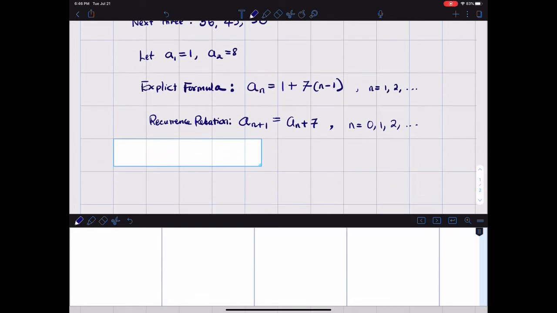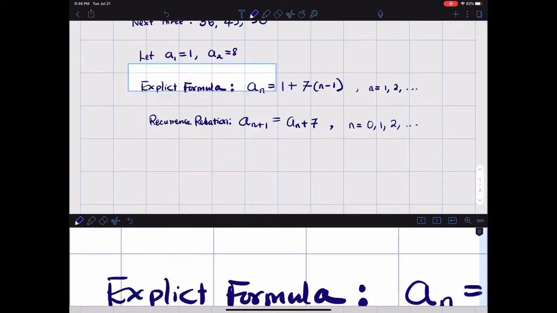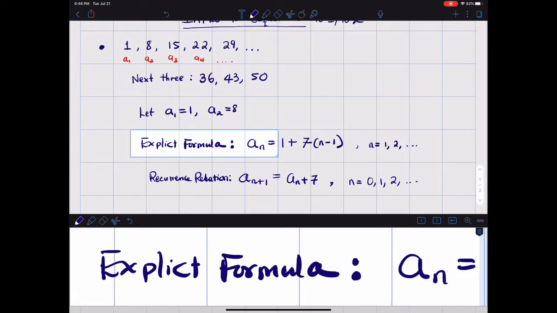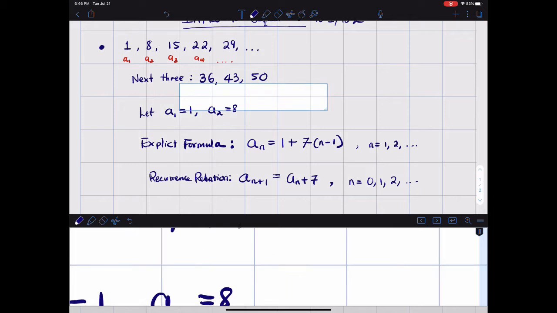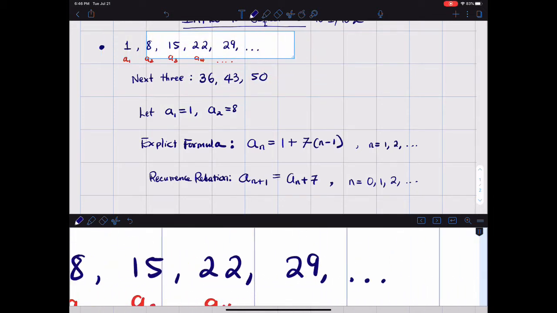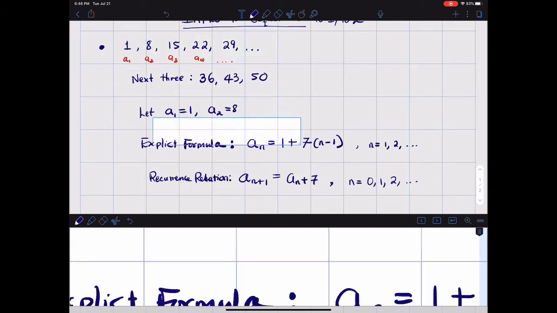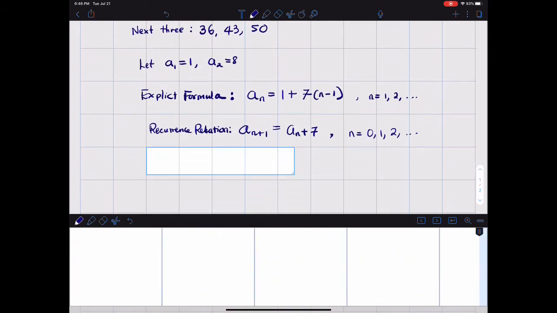Okay, so we can talk about limits. Let's talk about the limit of this list of numbers. We have an explicit formula and we have a recurrence relation. So we can compute the limit by just even looking at the list of numbers. As n goes to infinity, what does this list tend to? We can do this also by just looking at our explicit formula.